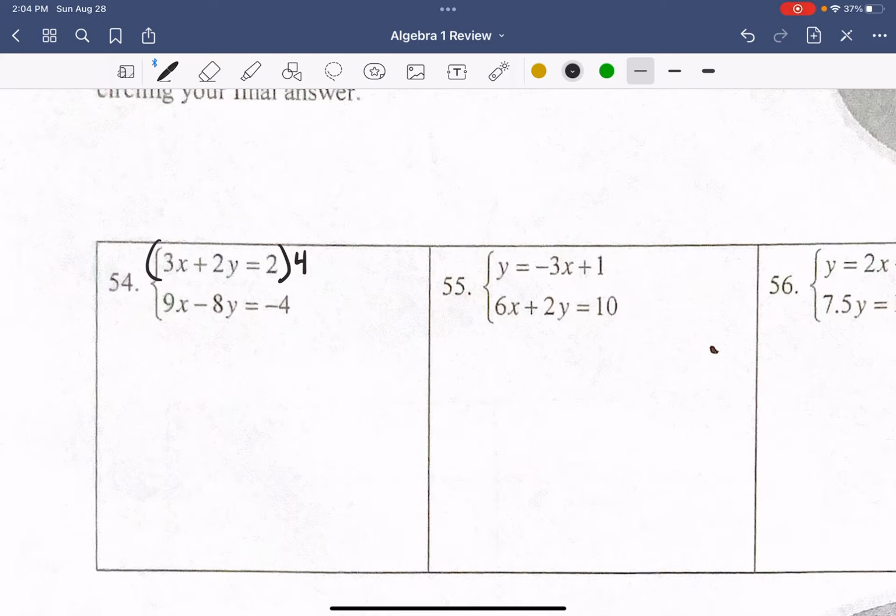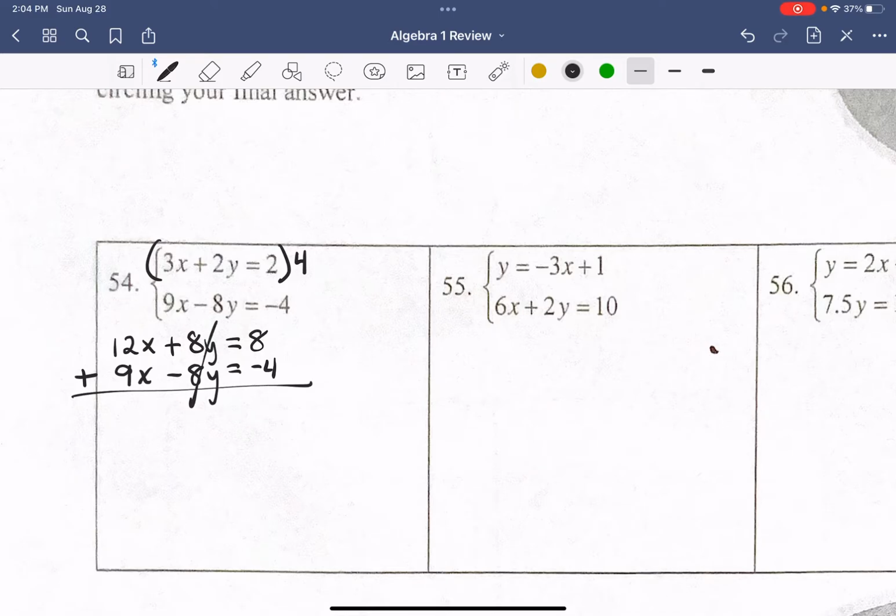If I multiply everything in this by 4, I get 12x plus 8y equals 8. And then I'm going to be adding 9x minus 8y equals negative 4.